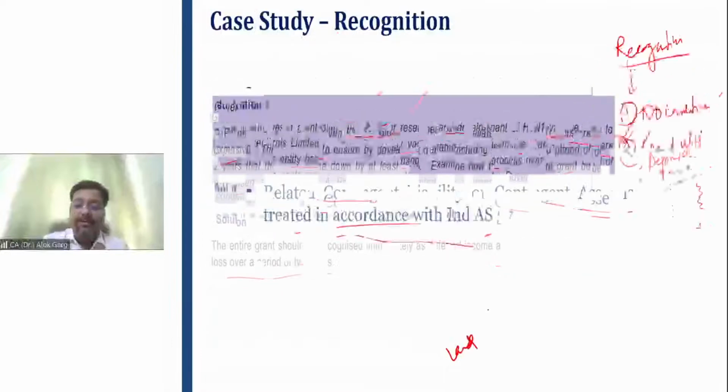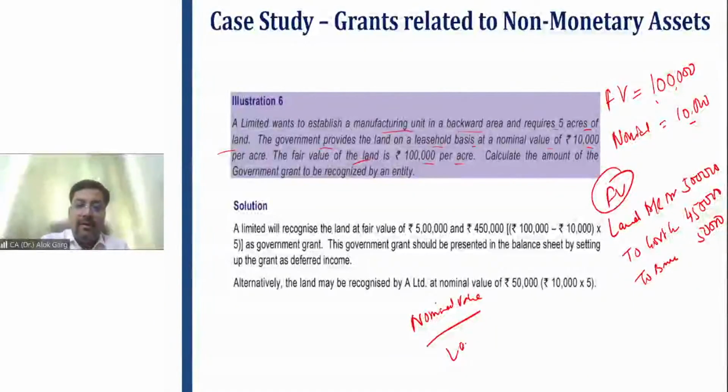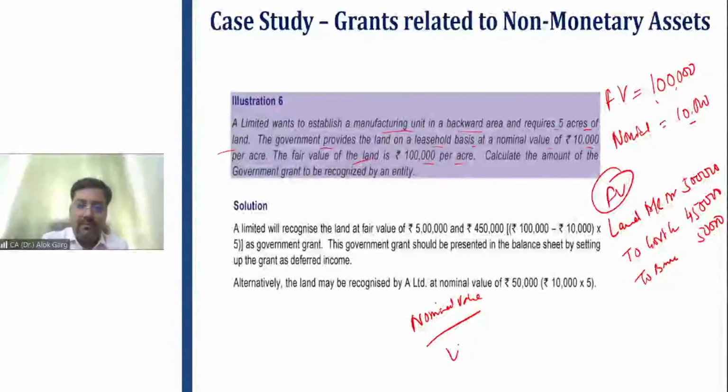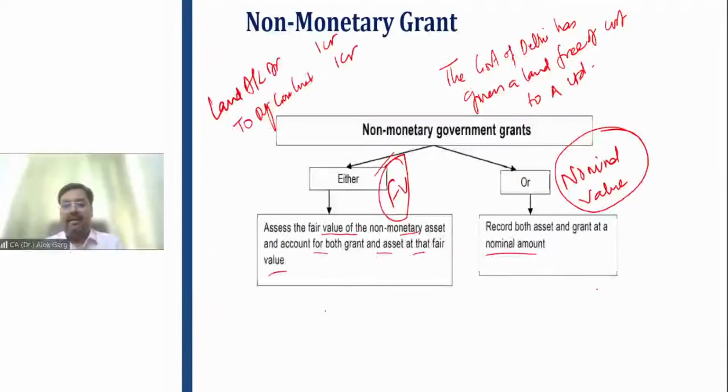Land account debit to bank account by 50,000 rupees. The amount which the entity is paying, simple as that, right?